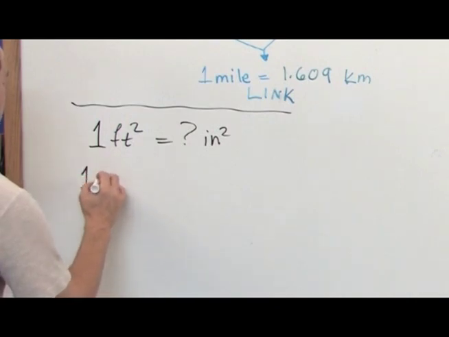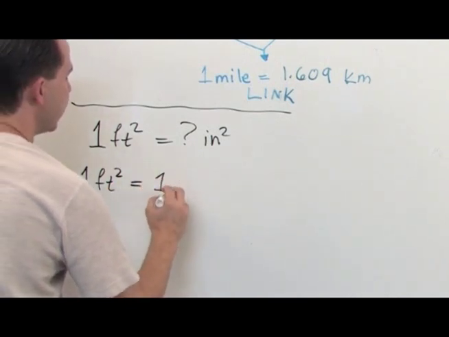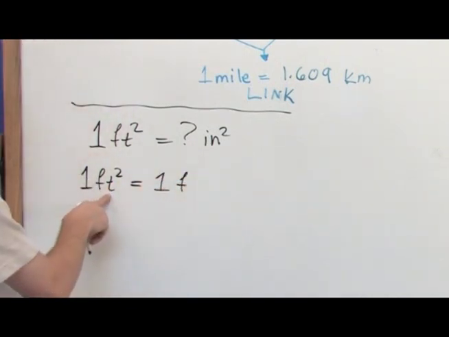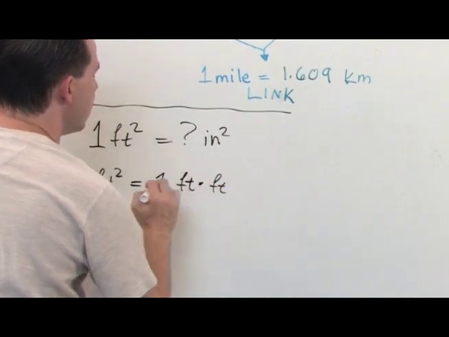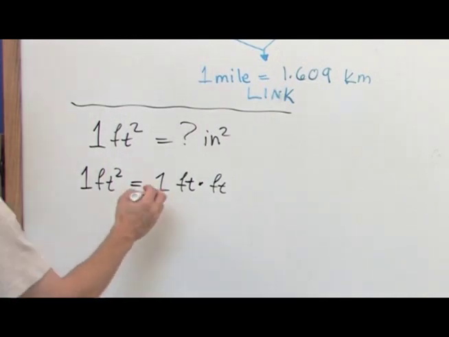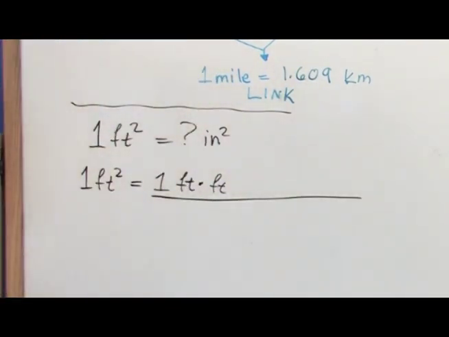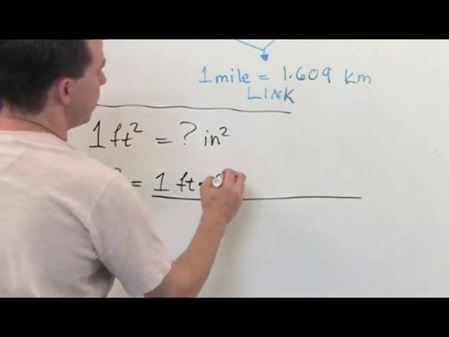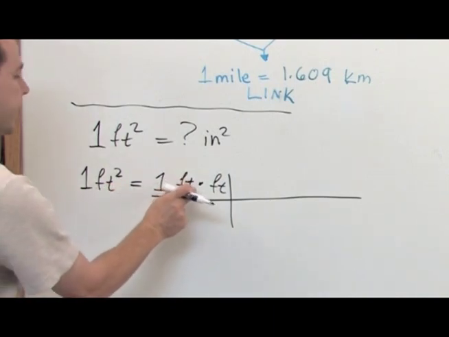So you say 1 foot squared, okay? And then you just write an equal sign and you write it like this. 1 foot squared, don't forget, is equal to feet times feet. So you write it as feet times feet. That is the trick in this stuff. It's not really a trick. It's the way it always should be taught to people, but you'll probably regard it as a trick at this point in your career, okay? So basically what you do is you take the foot squared and you write it as feet times feet.